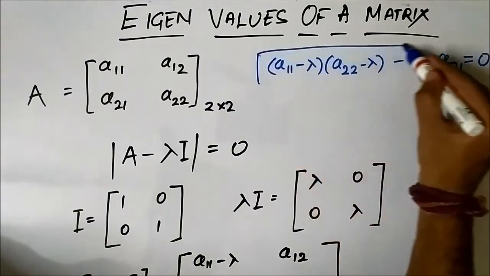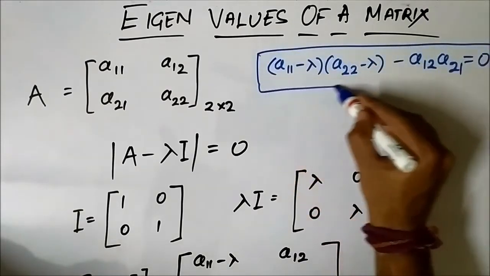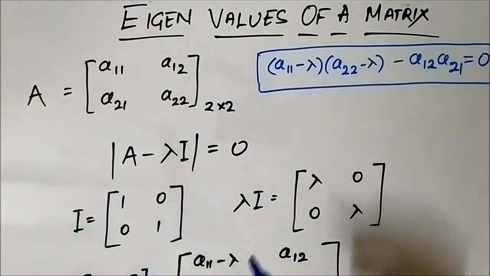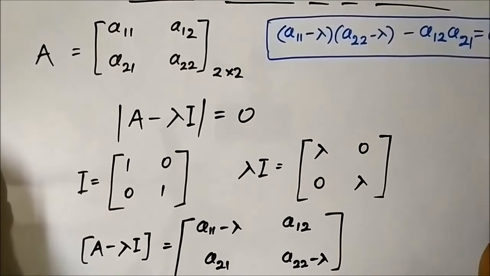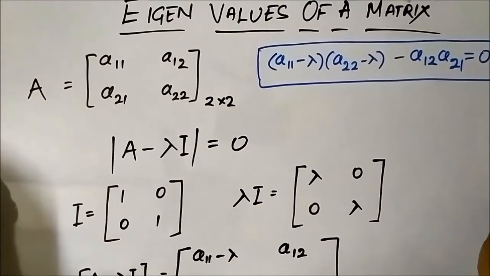When we solve it, the values of lambda that we get are the eigenvalues. Okay. So this is how we calculate the eigenvalues of a matrix.